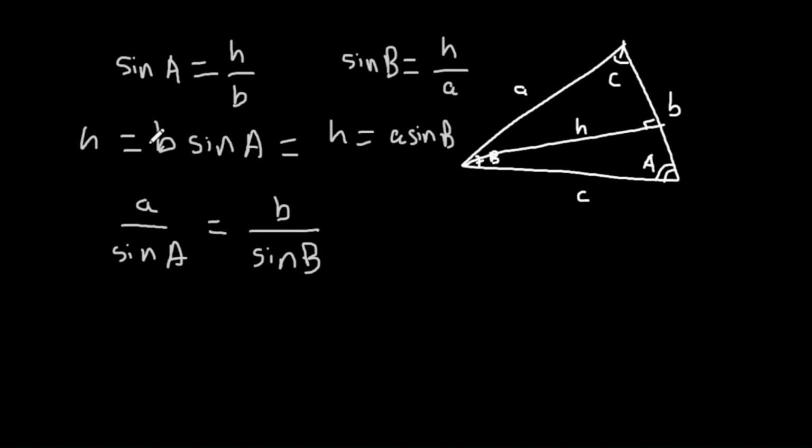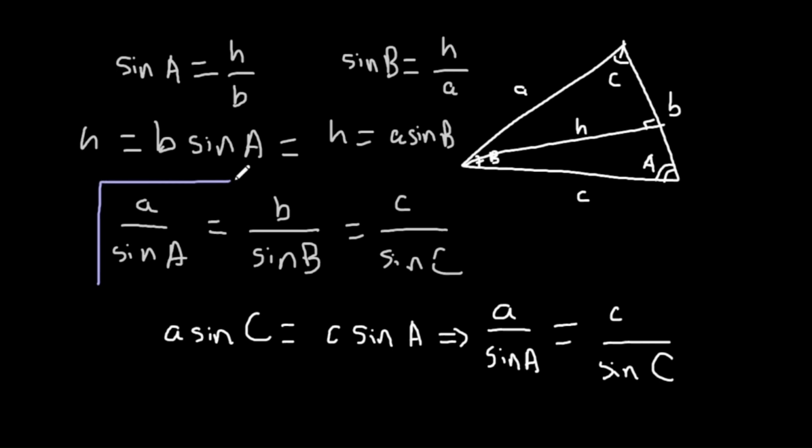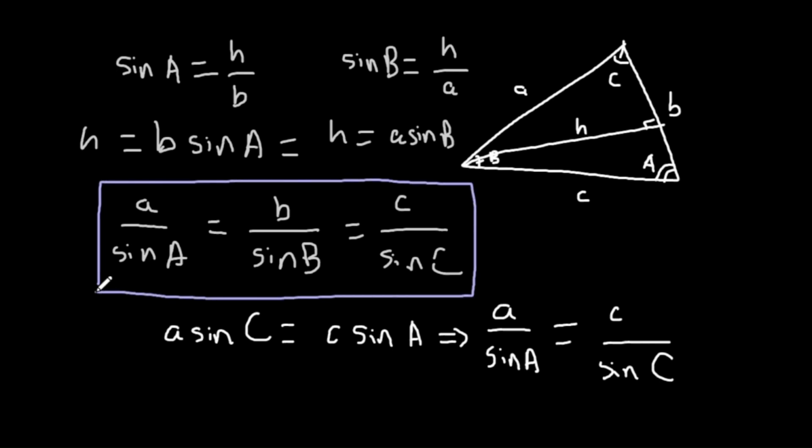Using the same method, we would obtain the result a sine C is equal to c sine A. And from here, a over sine A is equal to c over sine C. Therefore, b over sine B is also equal to c over sine C. And we have the sine rule for an acute triangle.